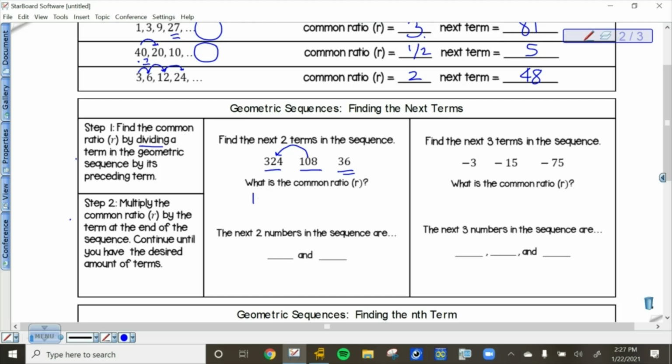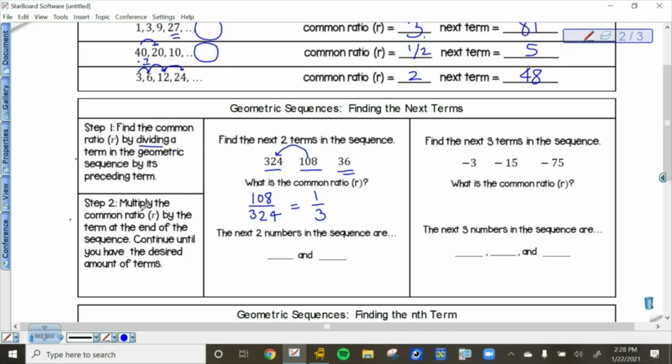So I take 108 and I divide it by 324. So what's 108 divided by 324? Can we write it as a fraction? 1/3. So that's our common ratio.